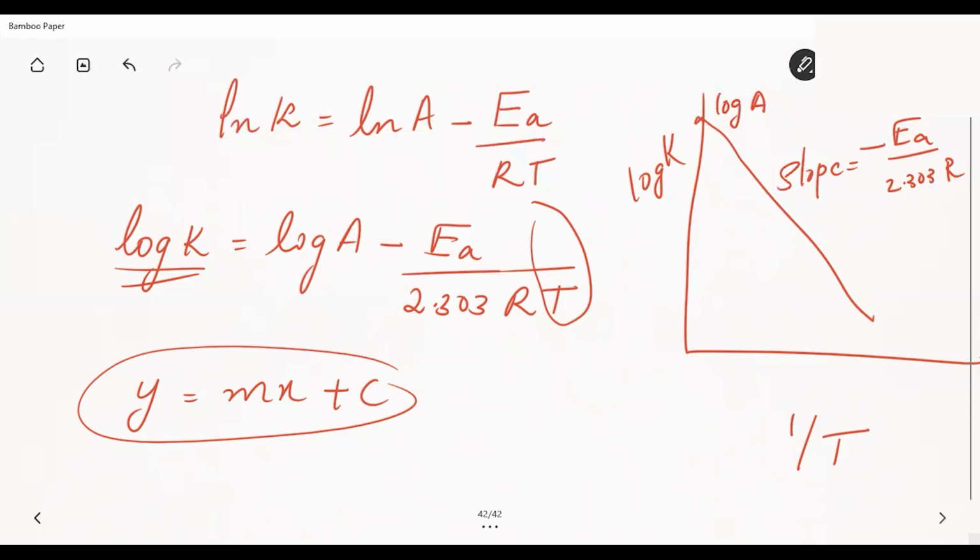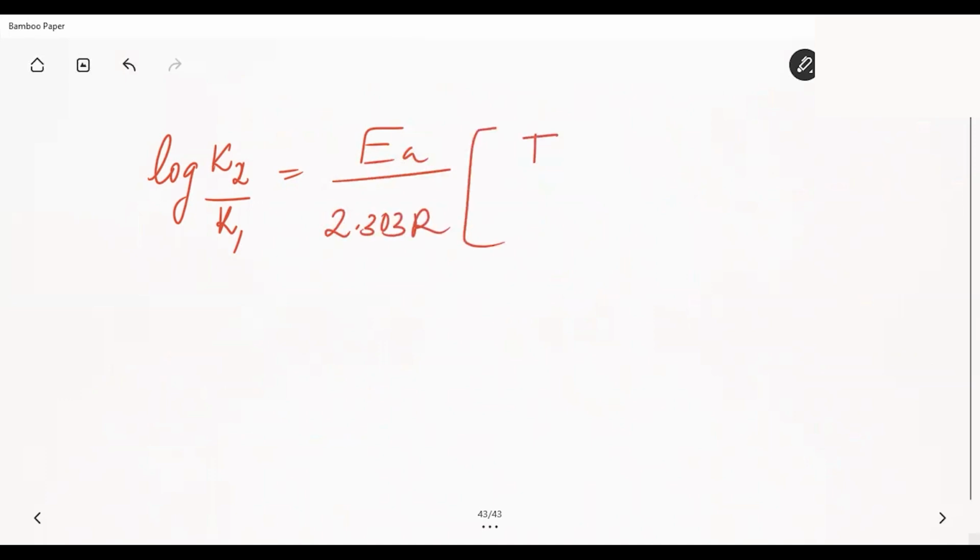And one more thing: you can take this log if there are two rate constants and two temperatures. So what will you do? Log k2 by k1 is equal to Ea by 2.303 R times (T2 minus T1) by T1 T2.